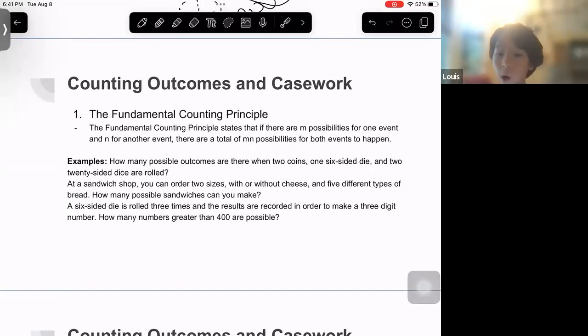But there's a flaw in this, because this is only true if the two events are independent. If the second event depends on the first event, then this will not be true. But if it doesn't depend on the first event, then this statement will be true.